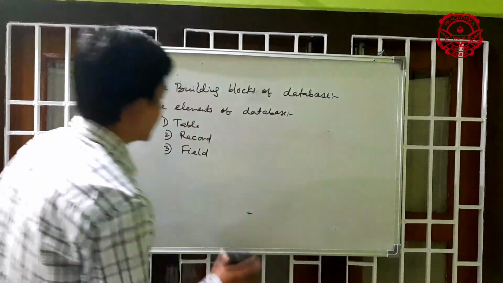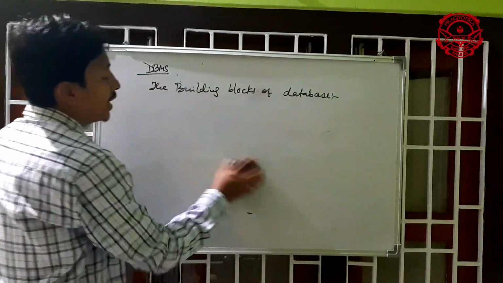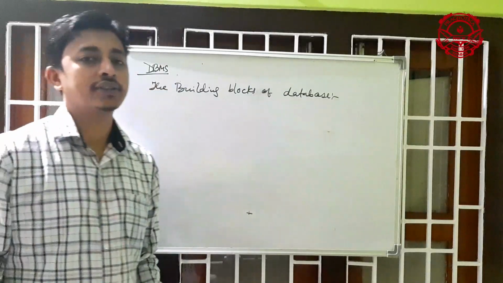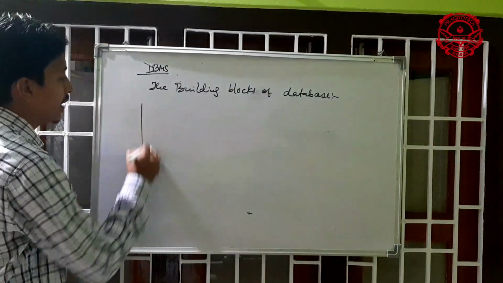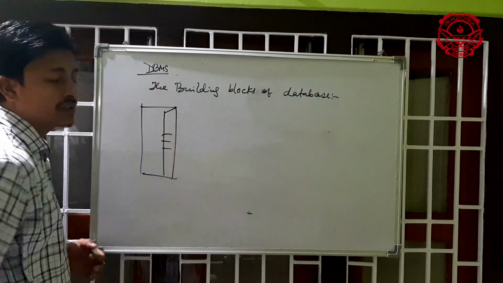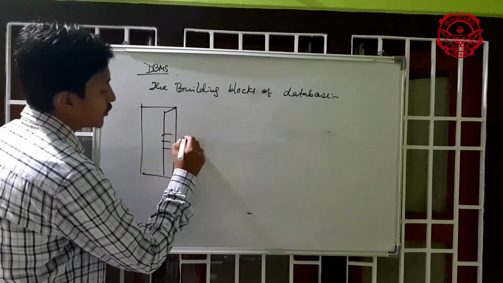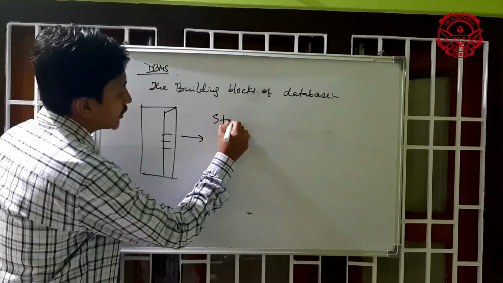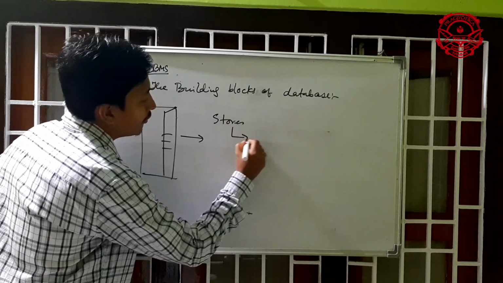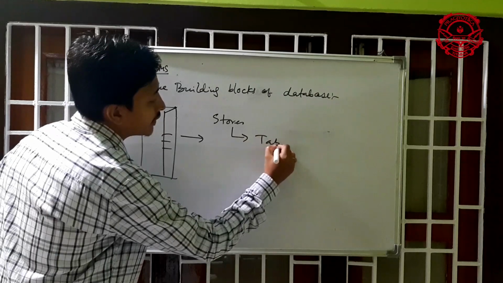Now see, the database stores the information in the form of tables. For example, this is a database and it stores the information in the form of what? Tables.